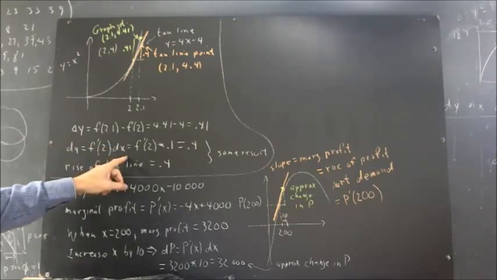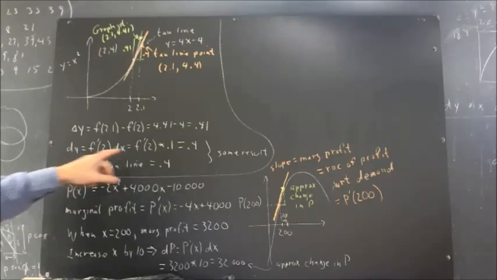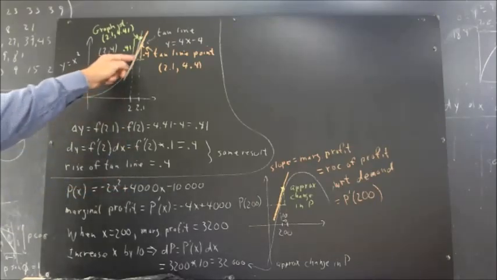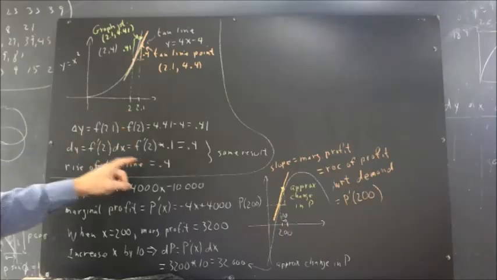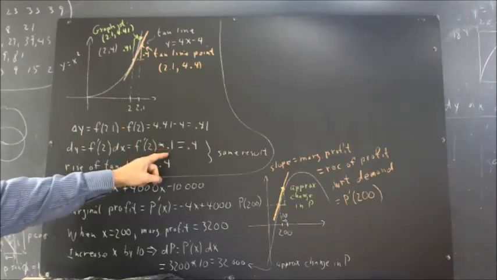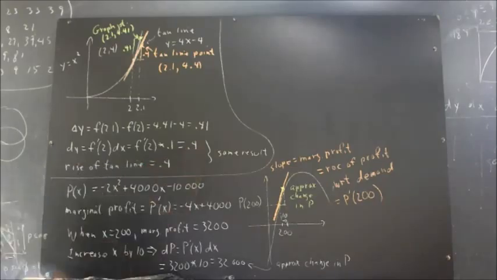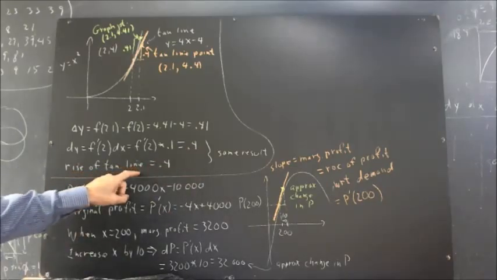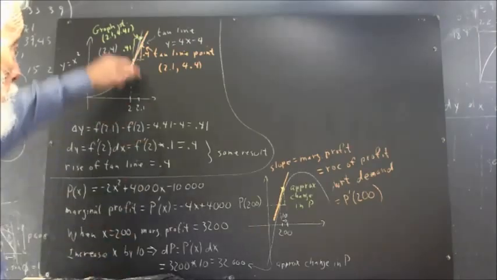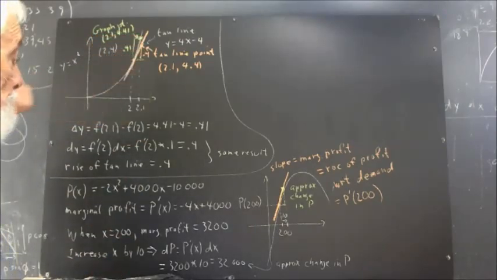That's our differential approximation, with dx being our run, which is 0.1. That's going to be f prime of 2 times 0.1, and we've already evaluated that and obtained 0.4. The rise of our tangent line is also 0.4.